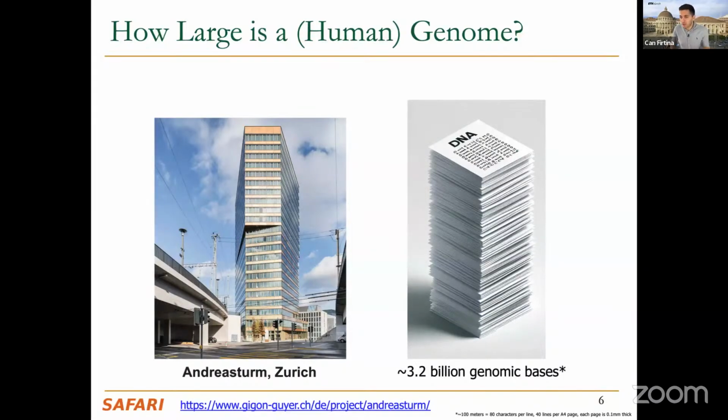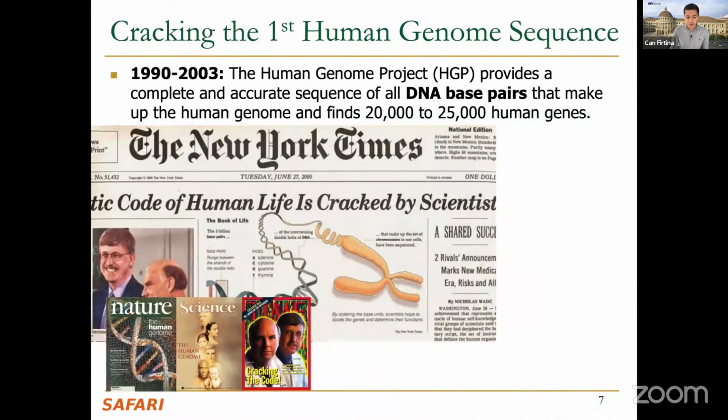So the amount of information you're dealing with is even larger if you are working on multiple copies of the same cell, or on multiple cells, or even on larger genomes, larger than a human genome, etc. But essentially, let's stick with the human genome for now.